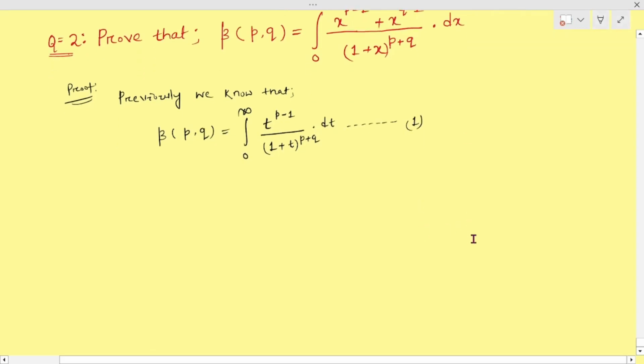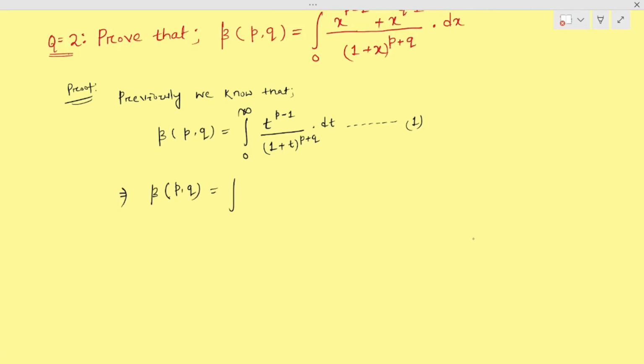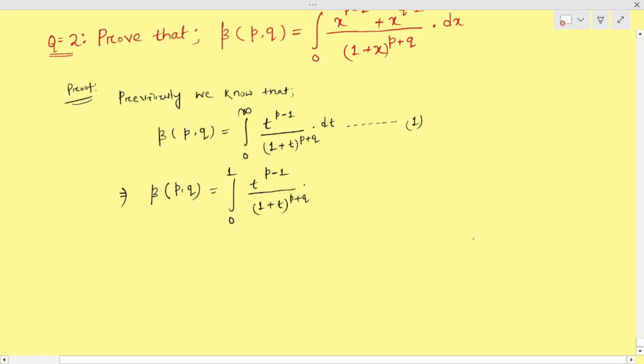Now this integral, equation number 1, can be rewritten as: beta pq is equal to, here I am going to segregate the integration limit, the integral from 0 to 1 of t to the power p minus 1 by (1 plus t) to the power p plus q dt, then another integral from 1 to infinity of t to the power p minus 1 by (1 plus t) to the power p plus q dt.